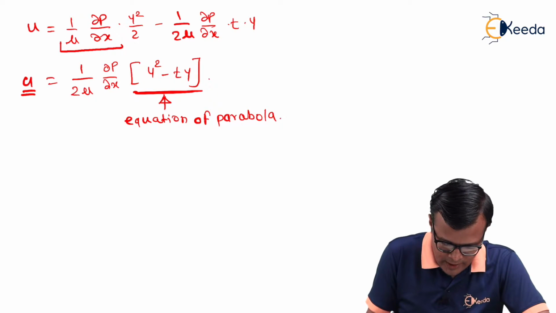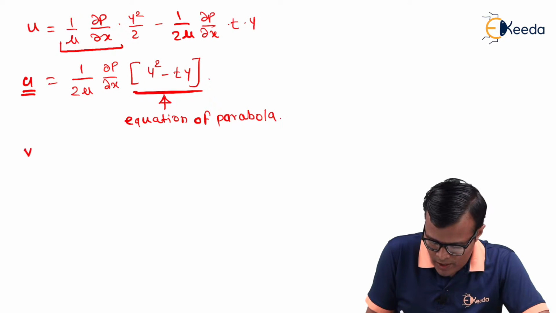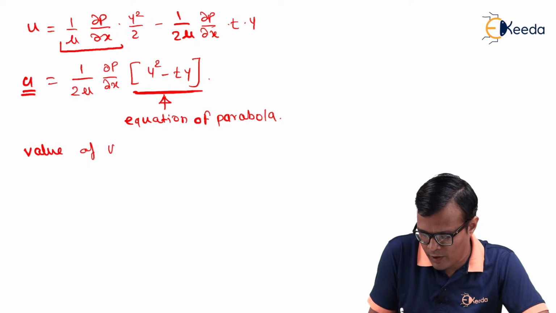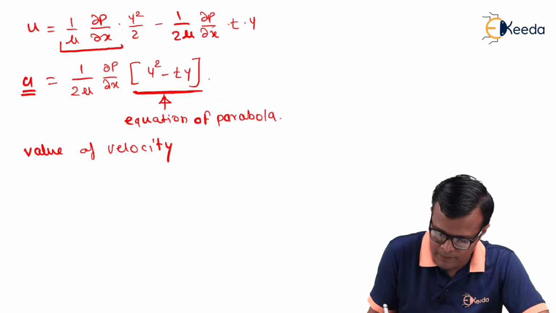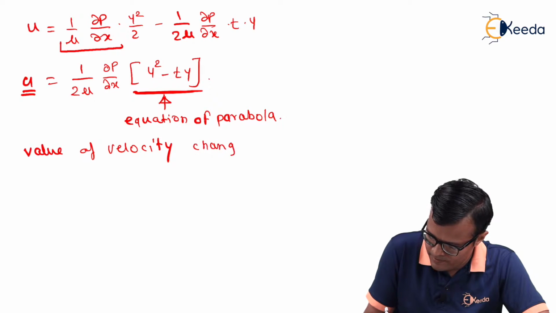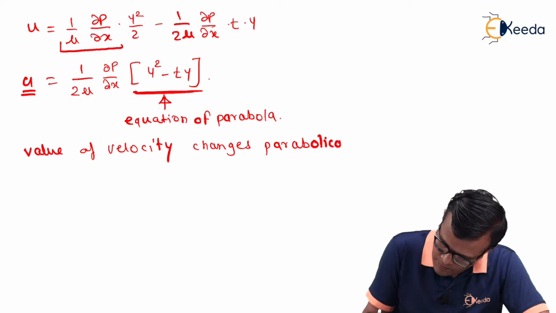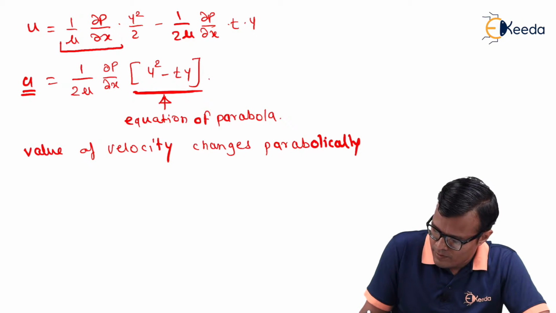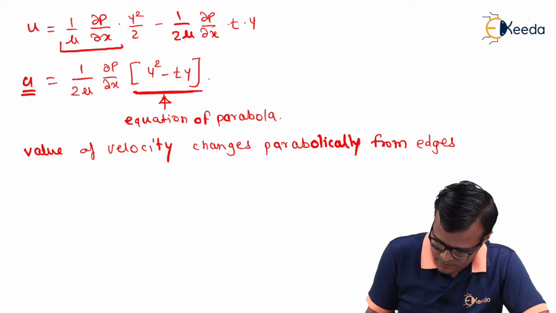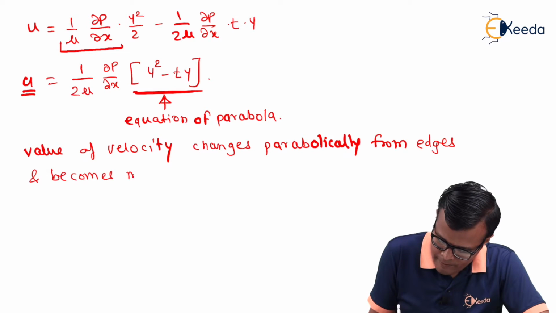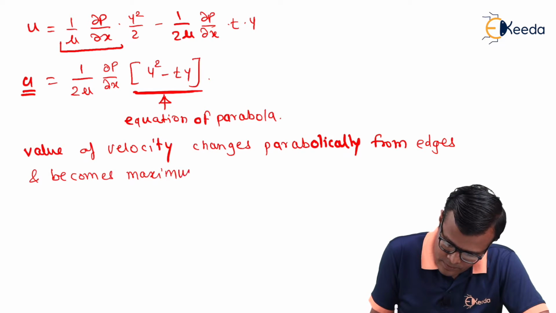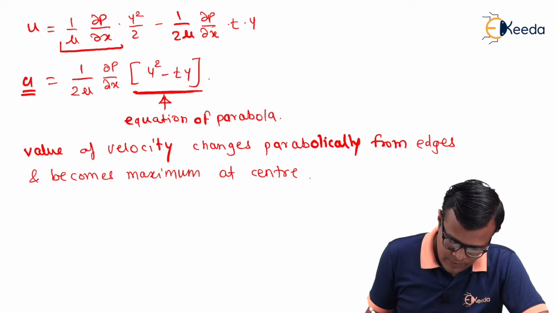Hence, we can comment that the value of velocity changes parabolically from the edges and becomes maximum at the center.